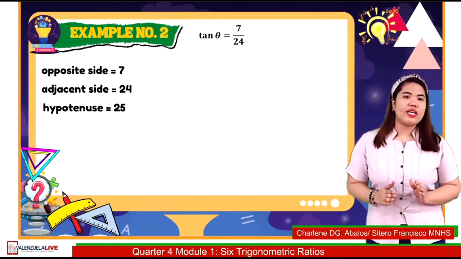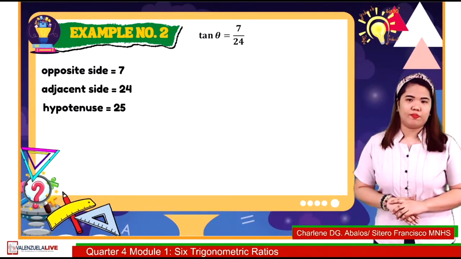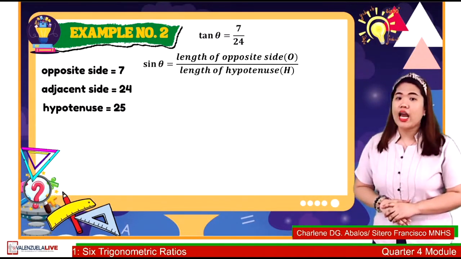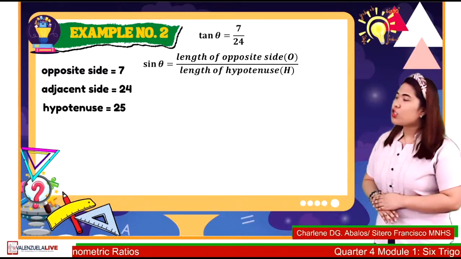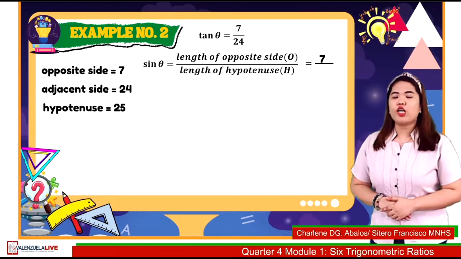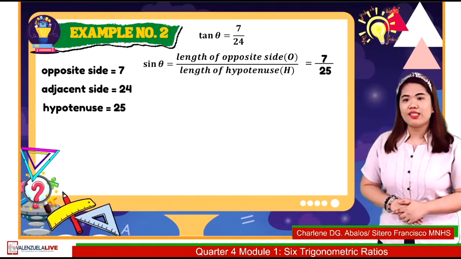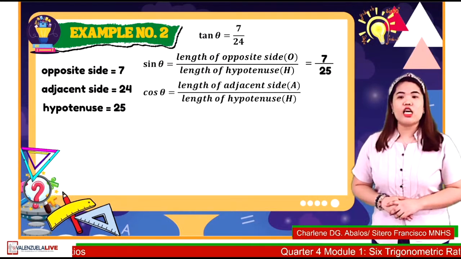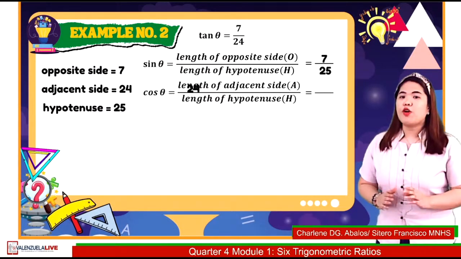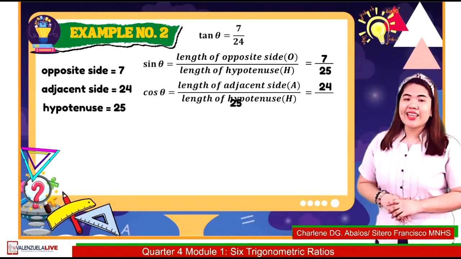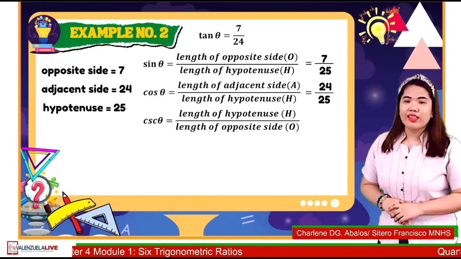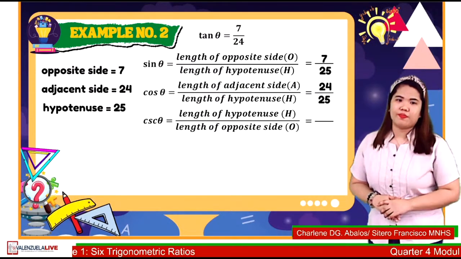Let's get the remaining trigonometric ratios. For sine theta, we have the opposite side over the hypotenuse. It is equal to 7 over 25. For cosine theta, we have adjacent side over hypotenuse. It is equal to 24 over 25. For cosecant theta, get the reciprocal of the sine theta ratio, so it will be 25 over 7.